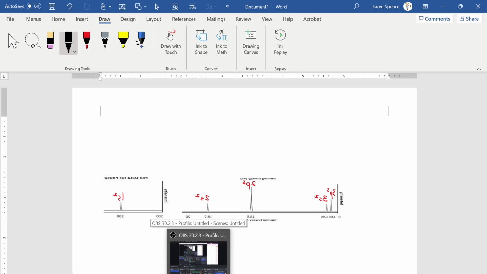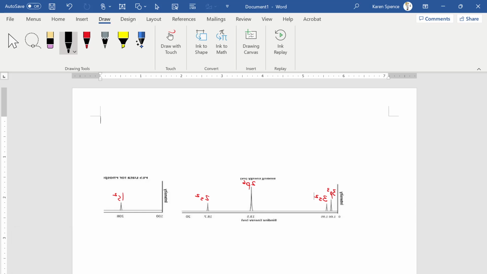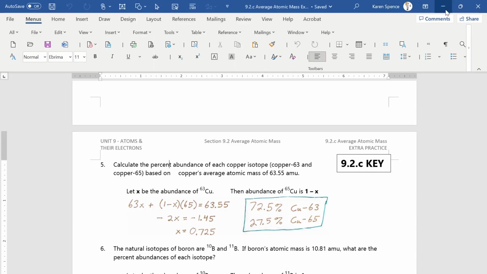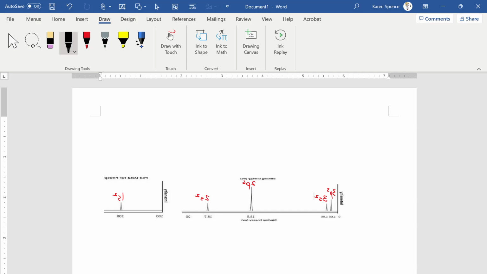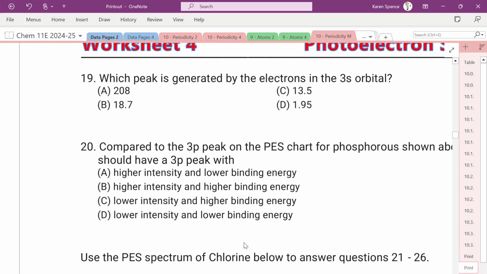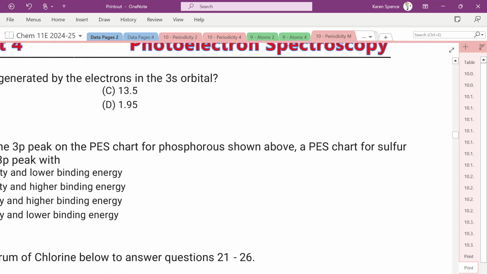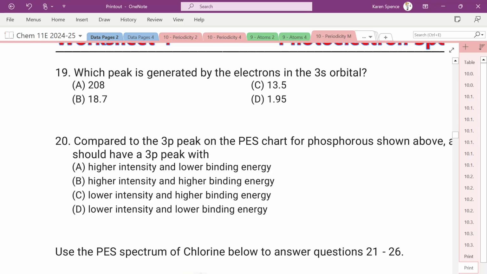Okay? So what they are asking then, and I think this is going to be problematic because it's backwards, so maybe we should just skip this question, but we'll answer this one. Okay? Here we go. We want to know, sulfur should have a 3p peak.